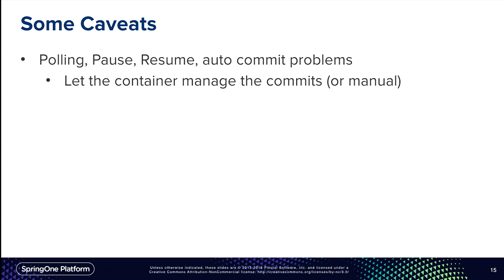So the client does have a pause and resume feature, so you can basically tell the consumer, stop sending me messages. However, as I said, it's not thread safe, so it has to be called on the same thread. If your thread is in the listener doing some long process, then you can't get back and call pause on the consumer.